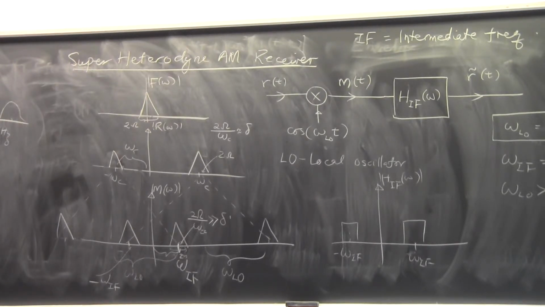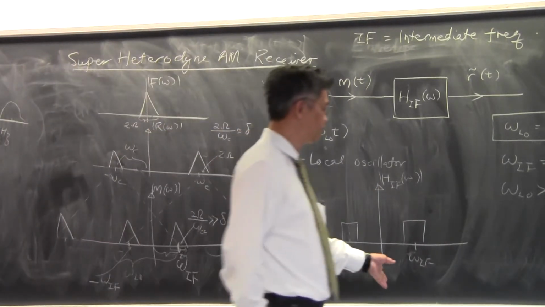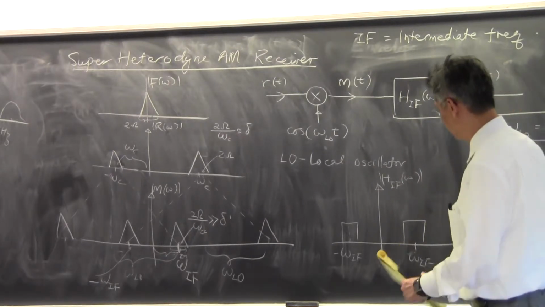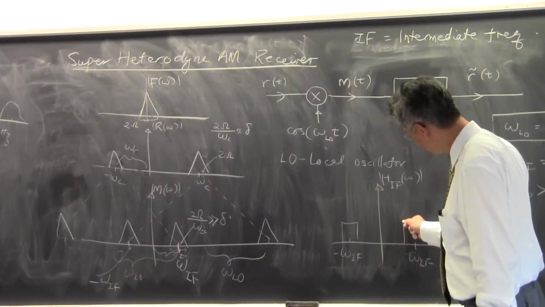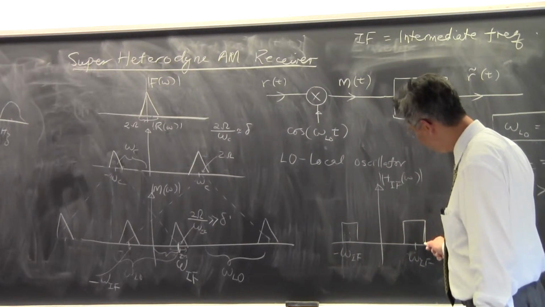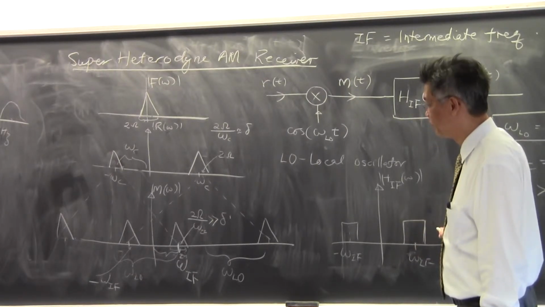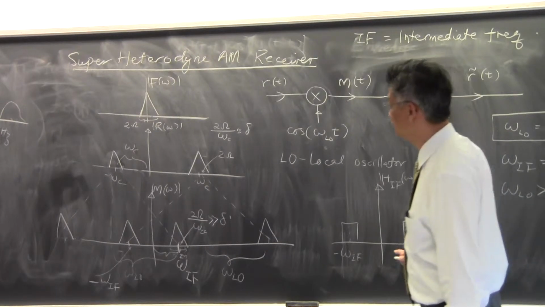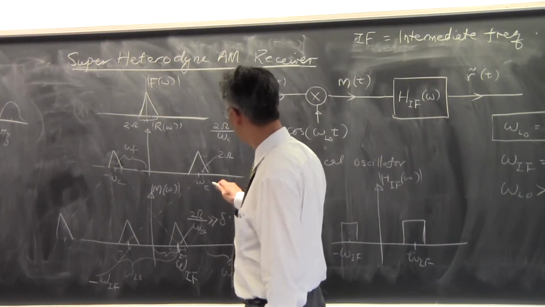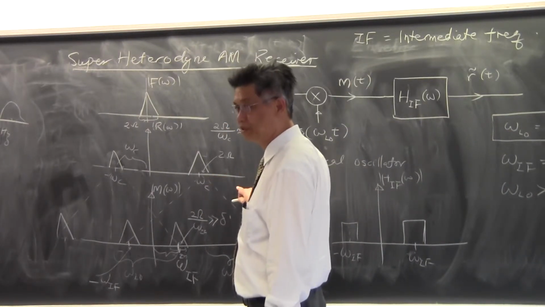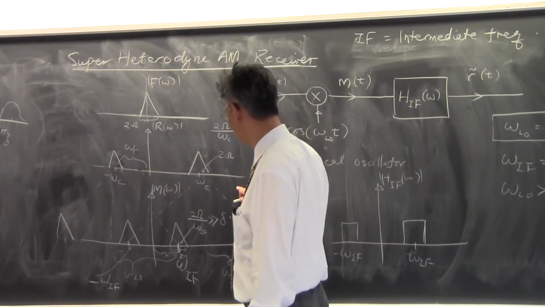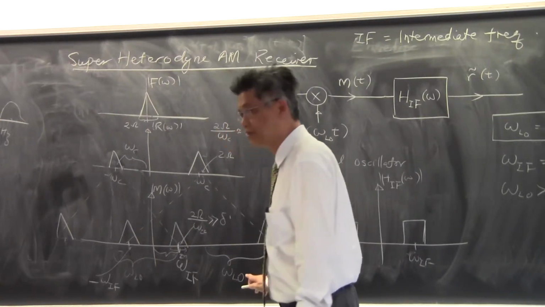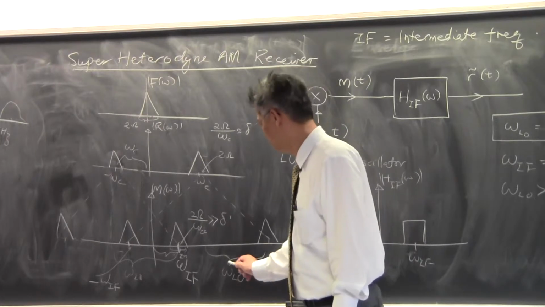So the advantage of doing that is actually twofold. I need to only design this very good filter for only one frequency. This filter has to be high quality so that it can discriminate one station from another one. I only need to design it at omega IF. If I have another radio station that gets a different carrier, pushed up to a different frequency, okay, I only need to change the local oscillator frequency.